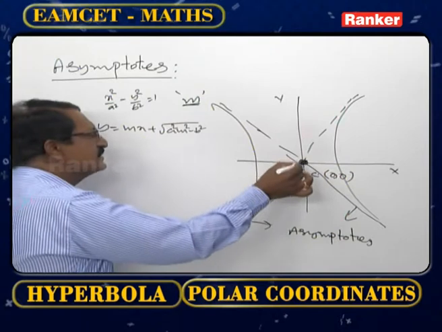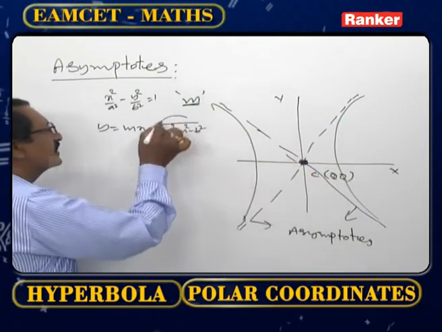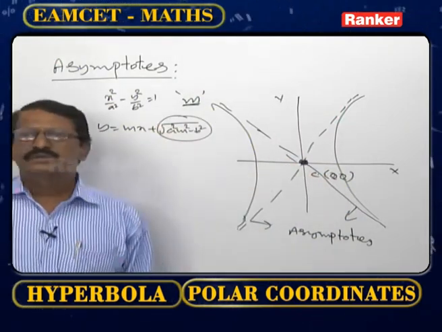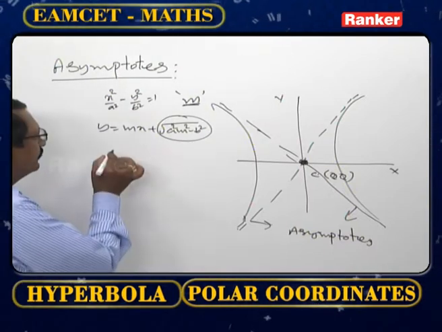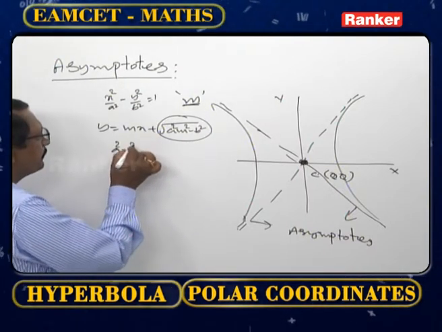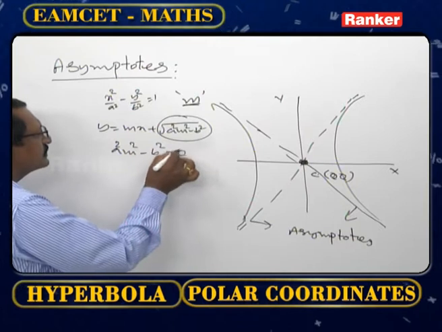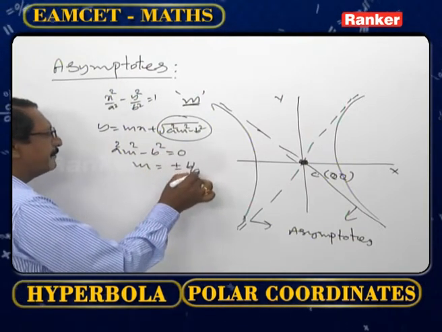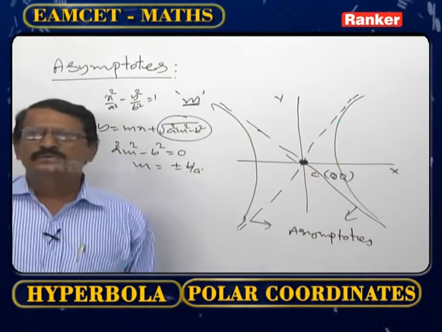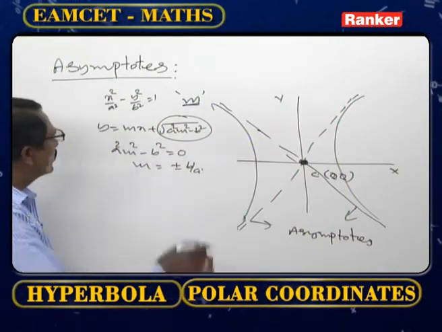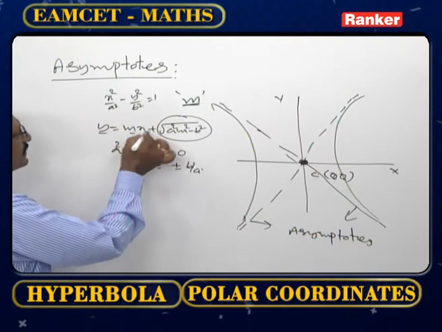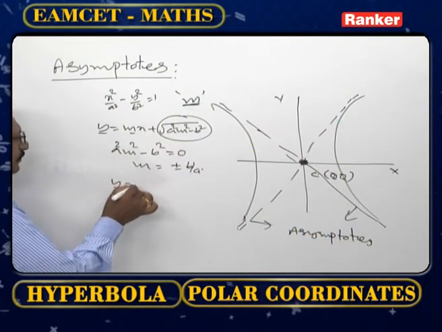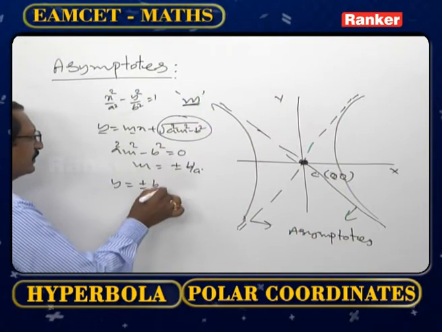But it passes through the center (0, 0), so the constant must equal 0. Now a square m square minus b square equals 0, we get m equals plus or minus b by a. Substituting in the equation, y equals plus or minus b by a into x.